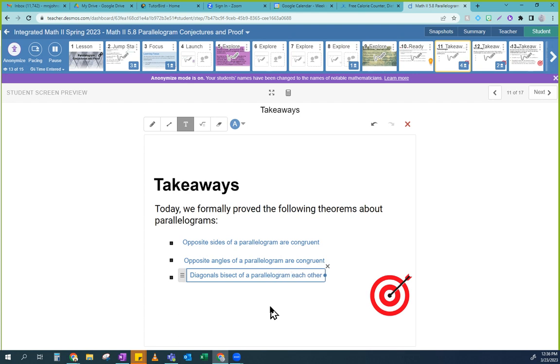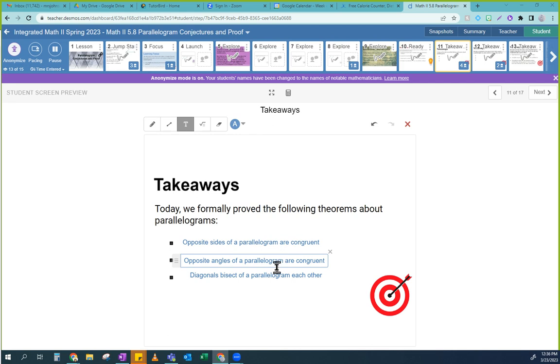Ms. Johnson, why did you have to write that? You don't have to write it. So Ms. Johnson, if I forget to say "of a parallelogram," are you going to take points off?